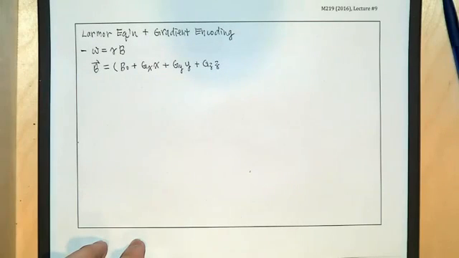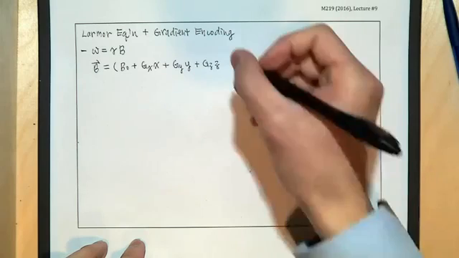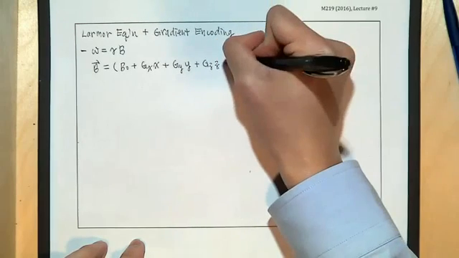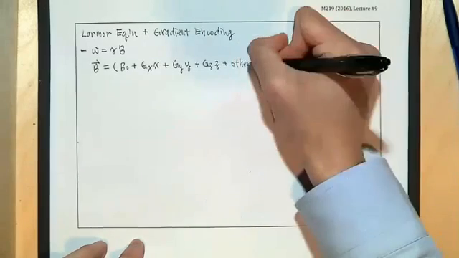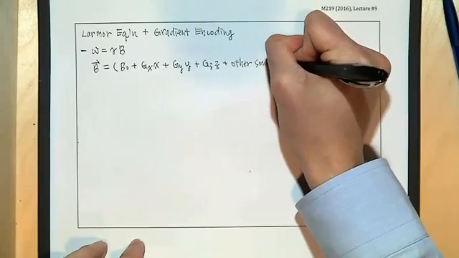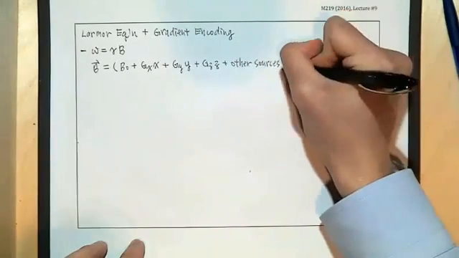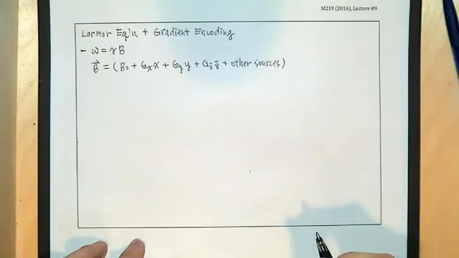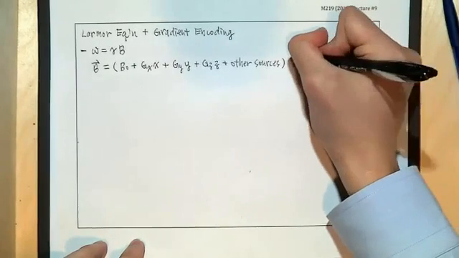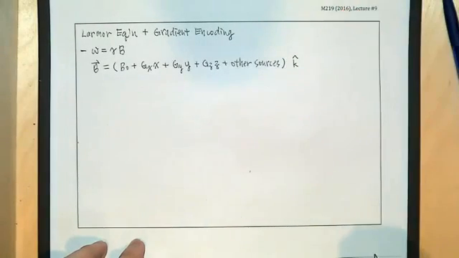I'm just writing everything together. In addition to this, you've also learned that there might be other sources, such as off resonance. And remember that the magnetic field is in the z direction. Here I use i, j, and k as the unit vectors along x, y, and z.